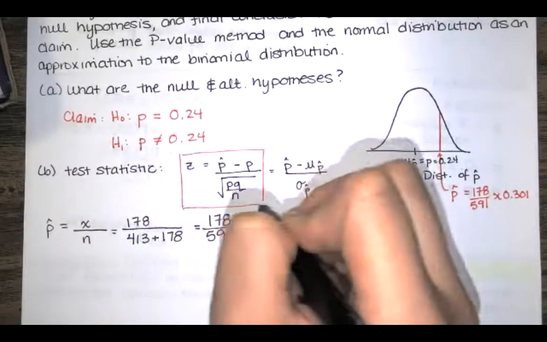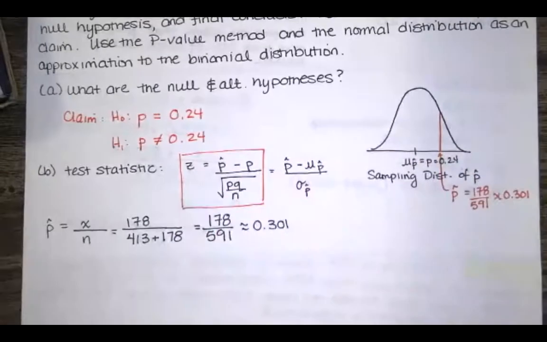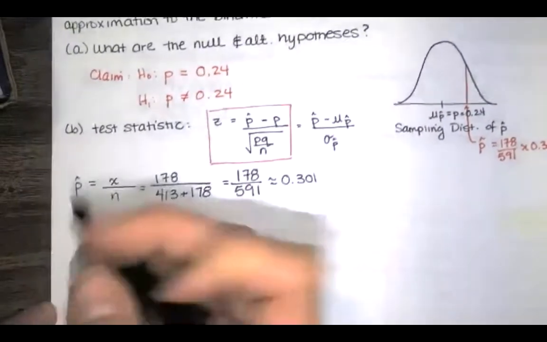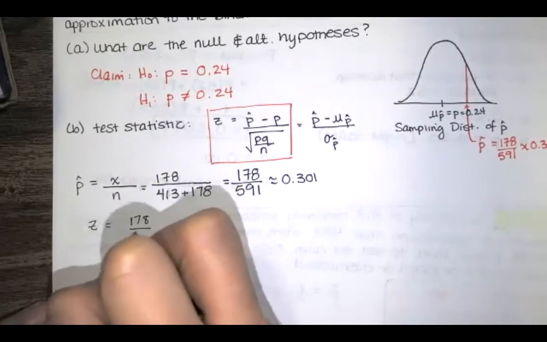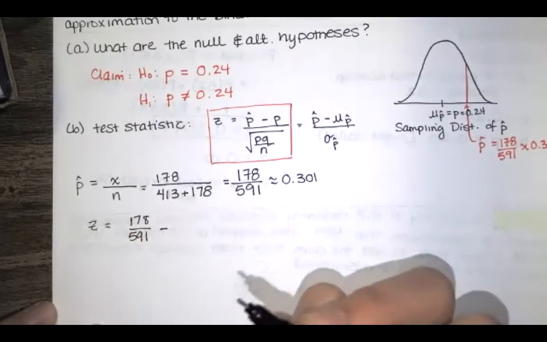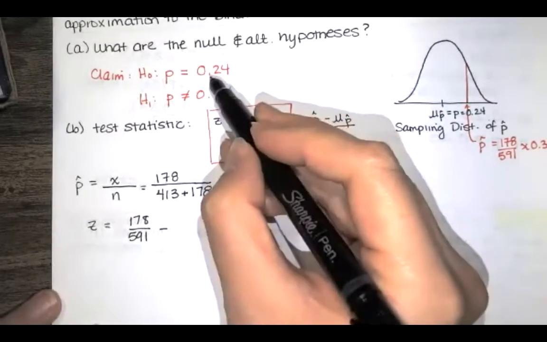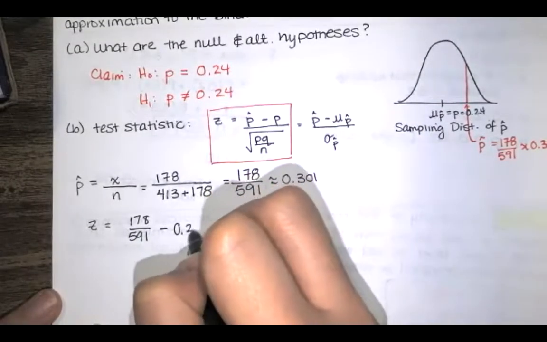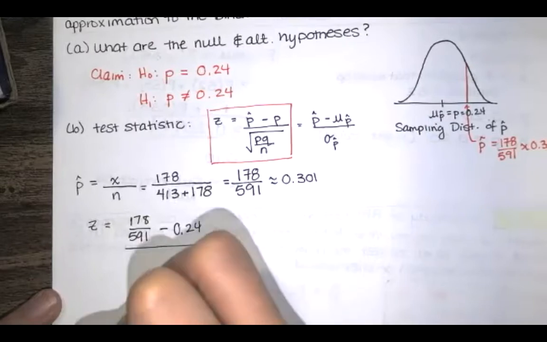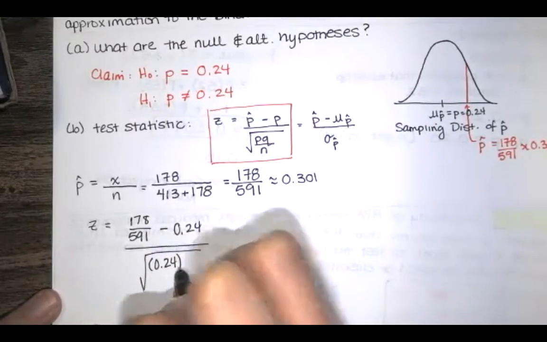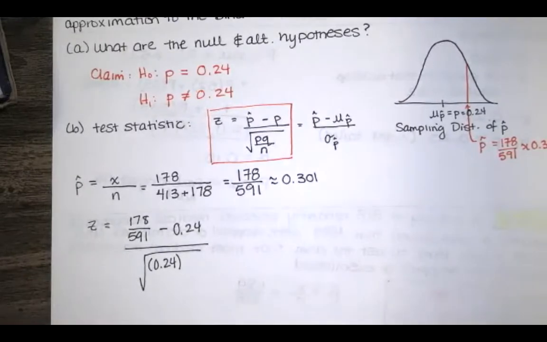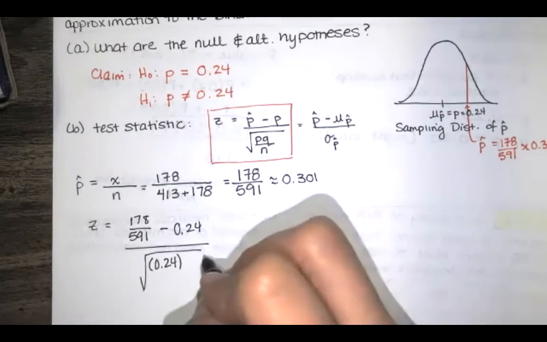And in practice, we evaluate this. So I have z equals p hat, or 178 over 591, minus p from our null hypothesis, which is 0.24. And then we divide by the square root of p times q. So we're assuming that the probability of success in one trial, or the probability of getting an offspring that is yellow, is 24%.